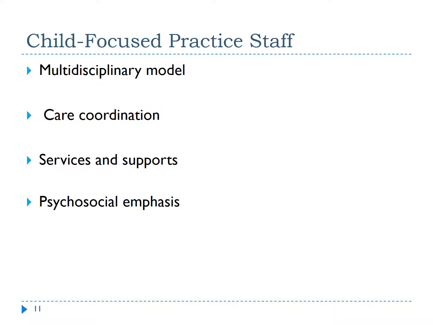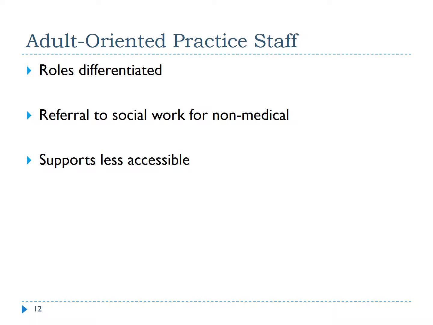Nurses and other staff provide medical care and psychosocial support. Staff roles and responsibilities are more differentiated in adult medicine. Nurses and other staff address only medical issues. They refer to social work for non-medical needs or for psychosocial support. It is also important to note that care coordination, supports, and services staff are less accessible in adult medicine.